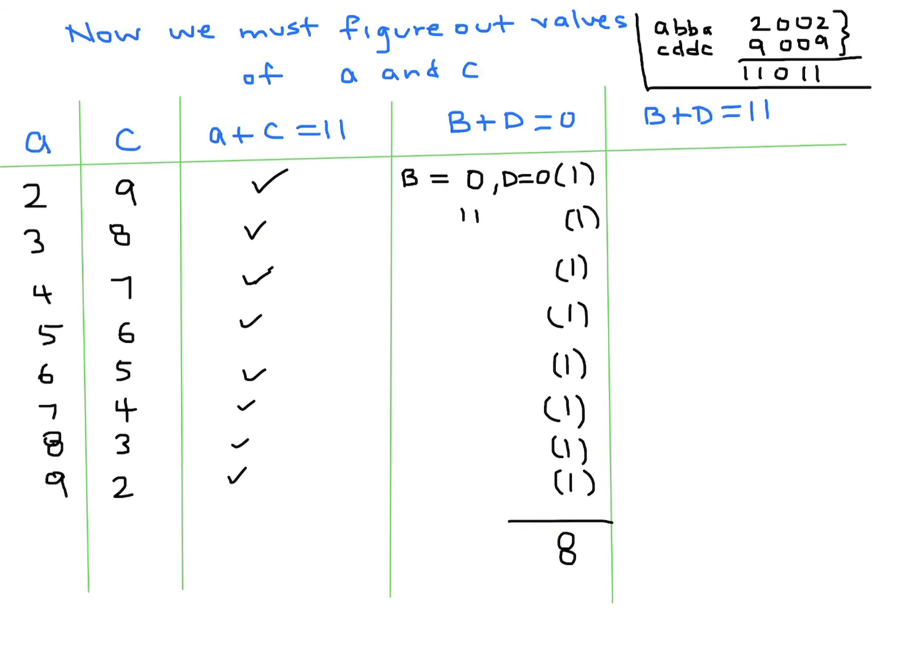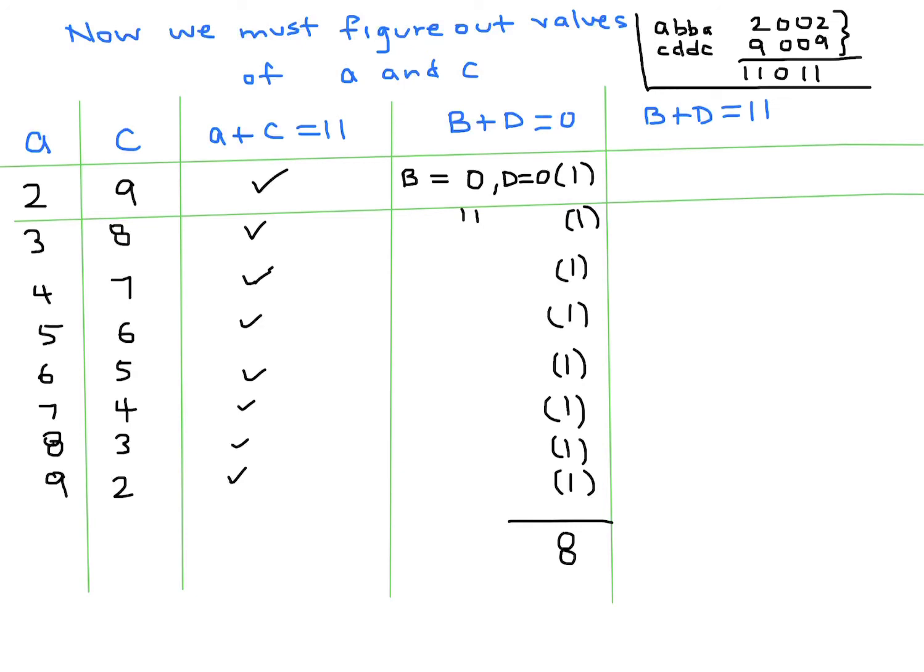Now, the only other scenario, the good news is B plus D is equal to 11. Okay, that's it. But B plus D equal to 11, unfortunately, is not as simple as when B plus D equaled 0. In this case, we're going to have a little bit more to figure out. So if B plus D is equal to 11, we've got quite a few scenarios.